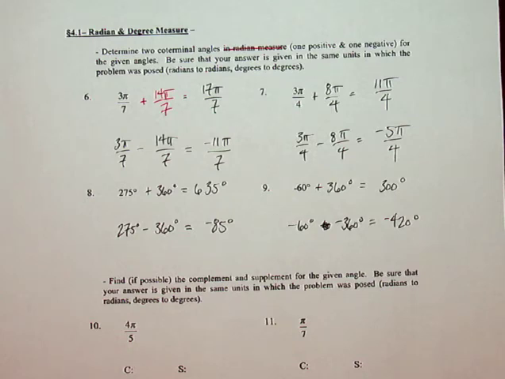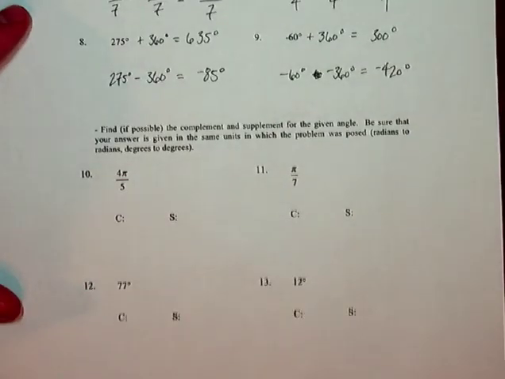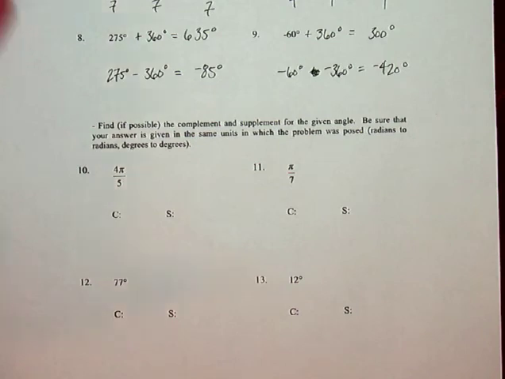But let's go ahead and move on to the next one, which asks us to find both a supplement and a complement for the given angle, if possible. Now, what "if possible" means is if you're looking for a complement of an angle, that means that both angles have to add up to 90 degrees or pi over 2.